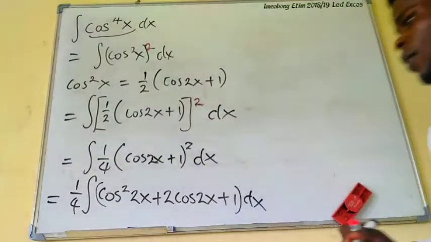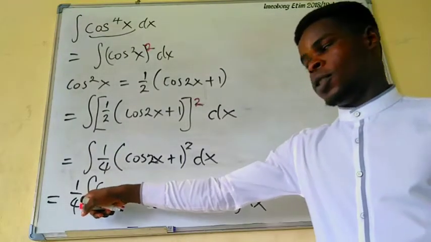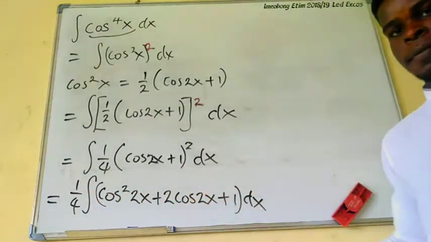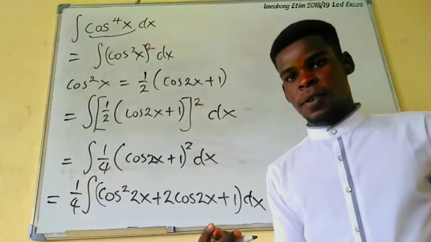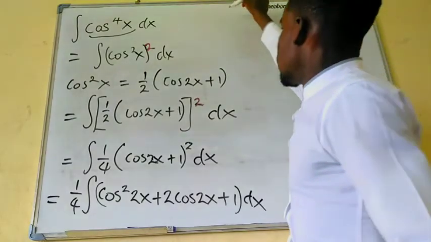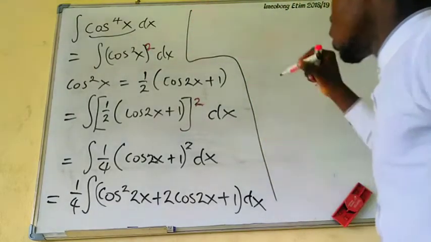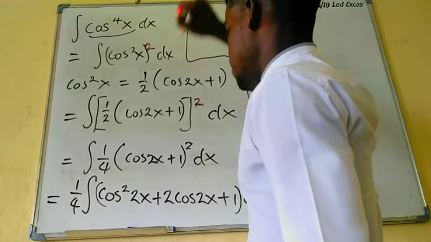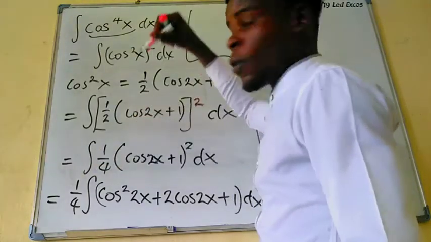So, I'm just going to integrate each of these. That's just like saying I'm going to split the integral sign because I'm just having a sum of functions here. So let me just split this 1 over 4 for all of them.